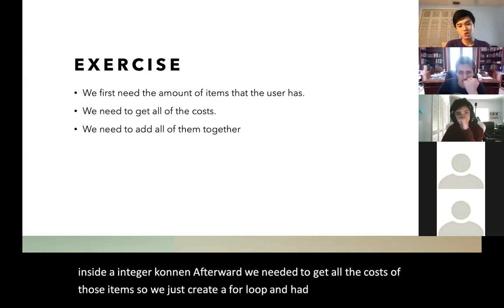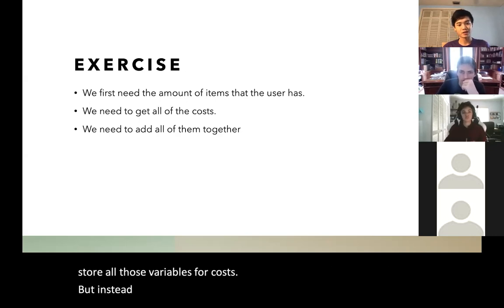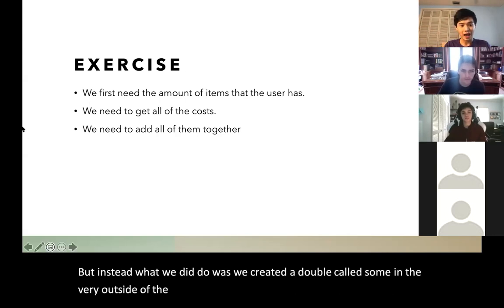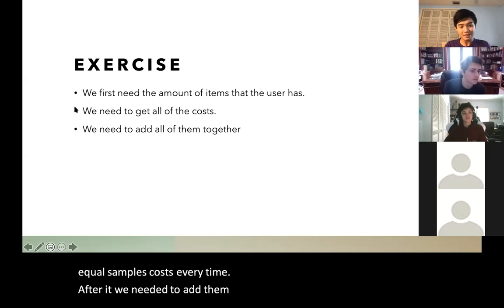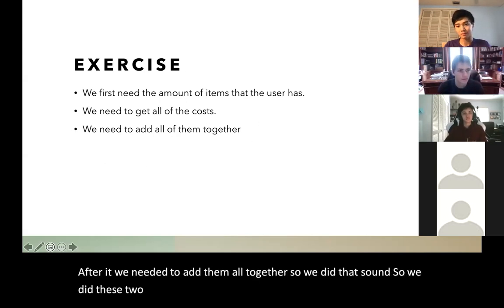We couldn't just store all those variables for cost, but instead we created a double called sum outside of the for loop, before the for loop, and then we just had sum equals sum plus cost every time. Afterwards, we needed to add them all together, so we did that. We did these two under the for loop, and then we printed the sum.